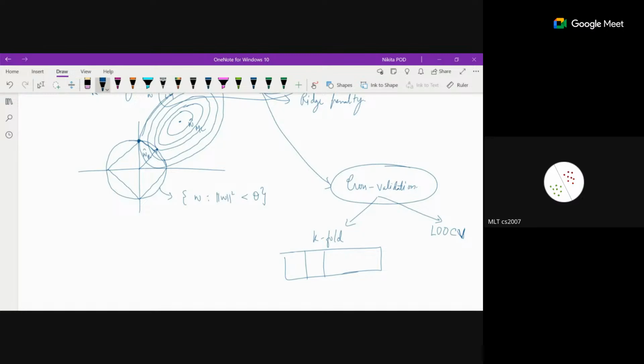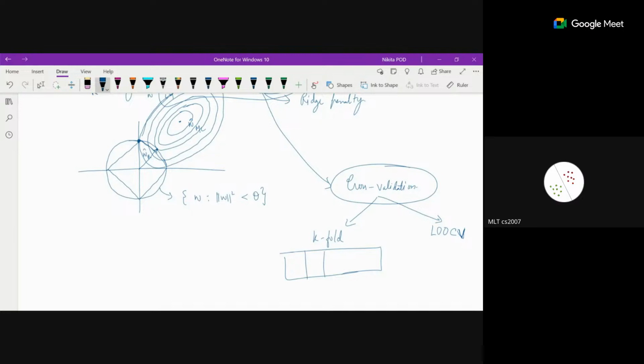So you have to run it k times, because every time the training and validation sets change. You calculate your loss for each, take the average of the loss, and the lambda that gives you the least loss is the lambda that you go for.